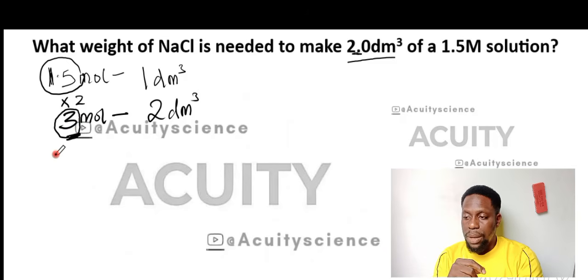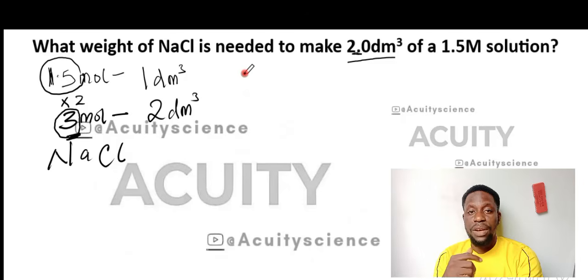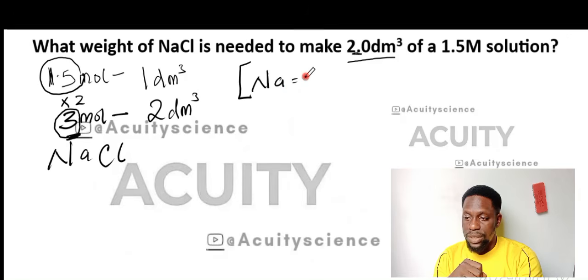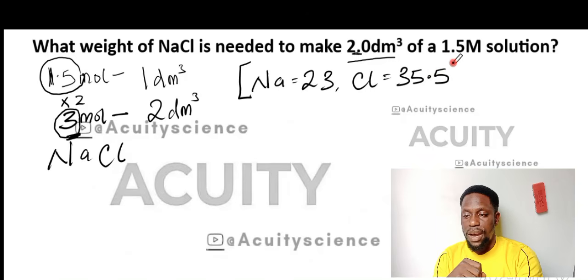So let's go. Molar mass of sodium chloride. You write sodium chloride. Usually for every exam, you'll be given this information in a bracket. Sodium is 23. Chlorine is 35.5. Very easy.